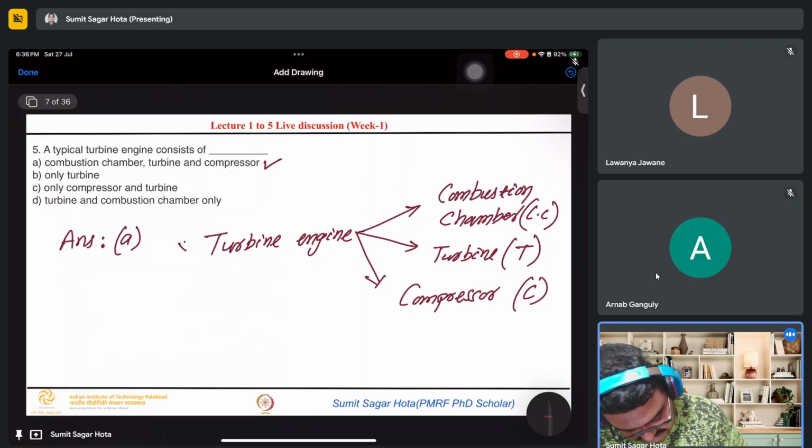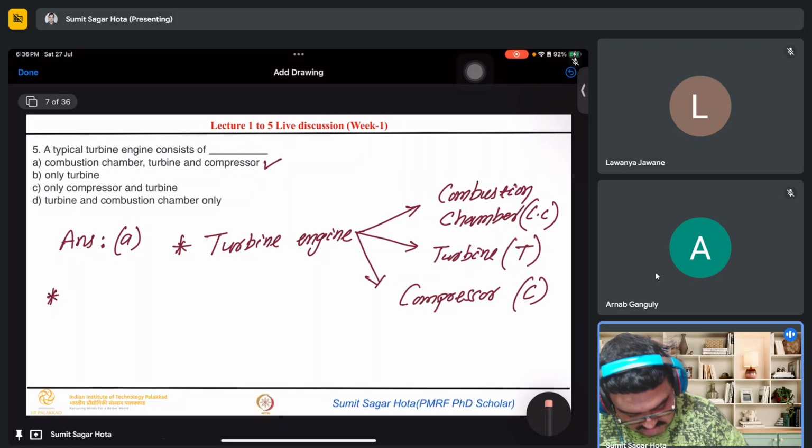But in place of this question, if one more question will be asked, what is the change between the turbine engines and the fighter aircrafts?